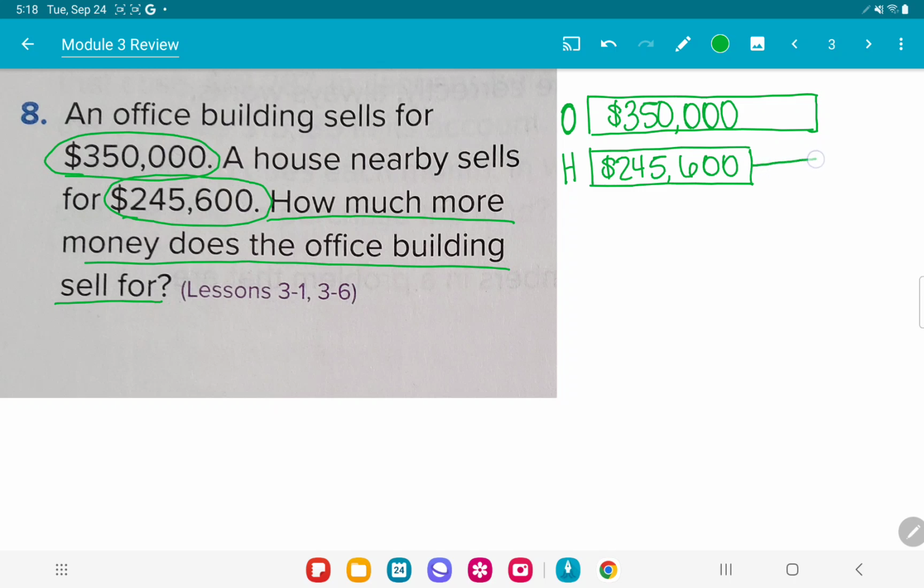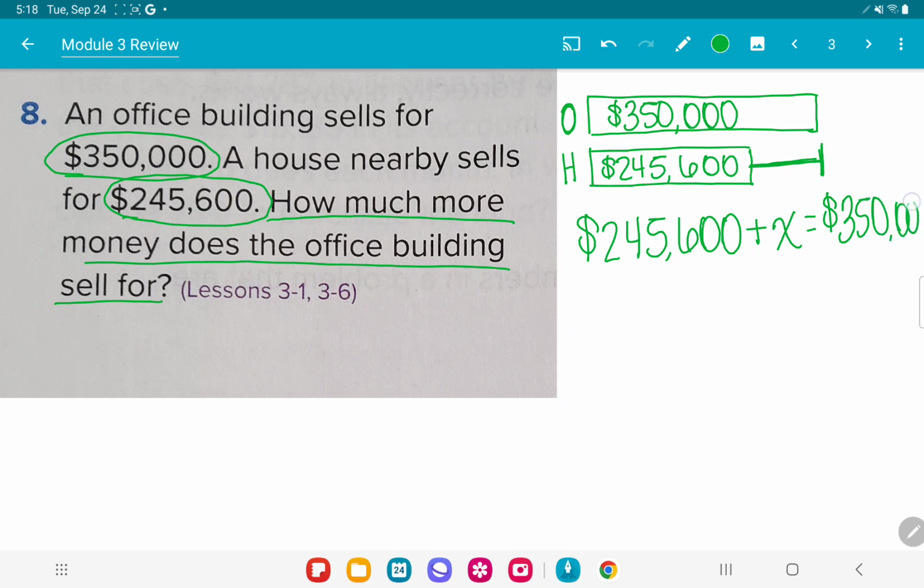We're trying to figure out how much more it costs to buy the office than it did the house. This bar diagram shows us we could solve $245,600 plus, we'll use X for how much more money the office building sold for, is equal to the total amount cost for the office of $350,000.